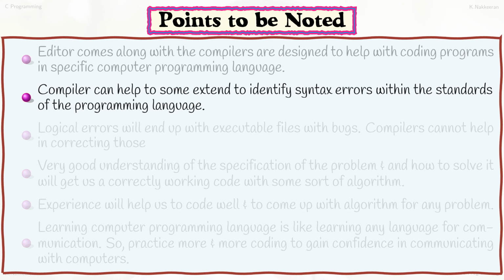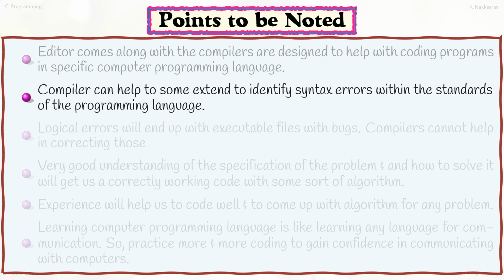Syntax errors in coding are like grammatical mistakes in languages. A program with syntax errors cannot be compiled to generate the corresponding executable file. An example of a syntax error is a missing semicolon at the end of a statement. You can try to remove the semicolon at the end of the printf statement in the Hello World C program and compile it.